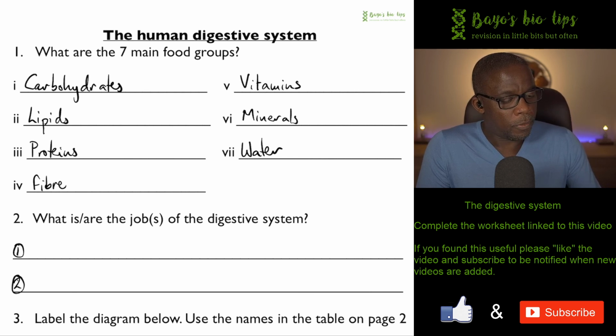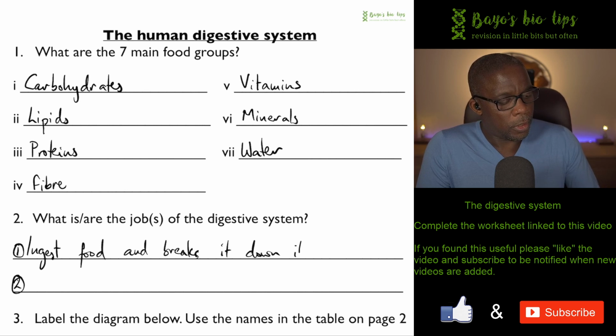So number 1, ingest food and break it down into smaller molecules.